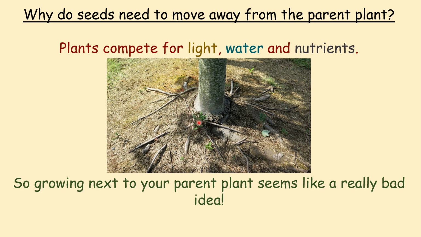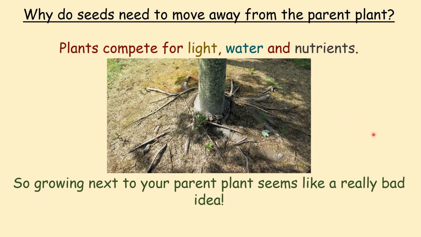You can see this plant's being shaded by the parent plant. Water, so it's got bigger roots than you, so it's better able to get water, and nutrients again come from the soil, so the parent plant has bigger roots than the baby plant. So the parent plant is going to outcompete its baby. So that is why it's really important for seeds to move away from the parent plant.